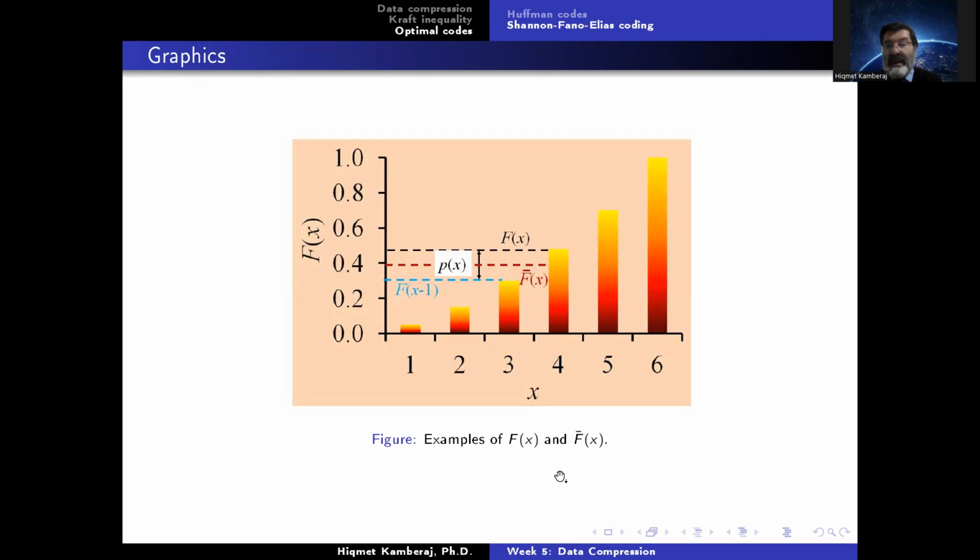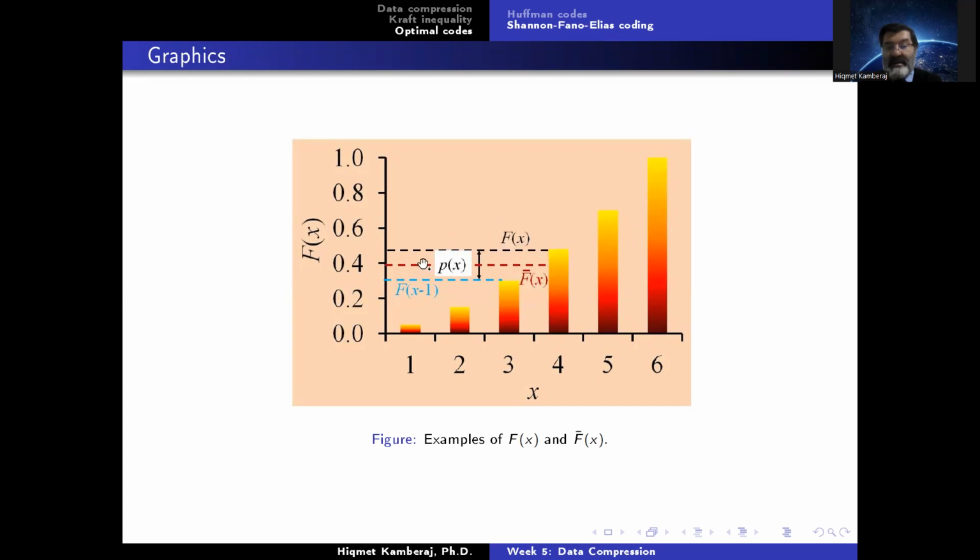Here is how F of x and F bar of x are defined. On these columns in red and yellow, this gradient, I've plotted F of x. Now you could notice that F bar of x goes right in the middle. For example, if I have F of 4, F of x is this line in black here.